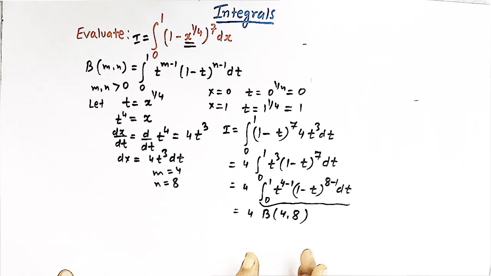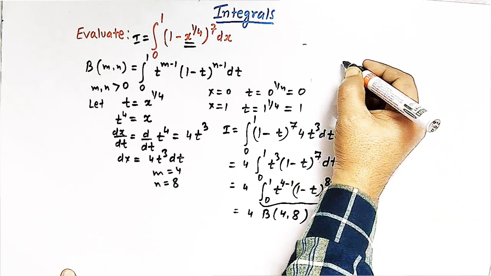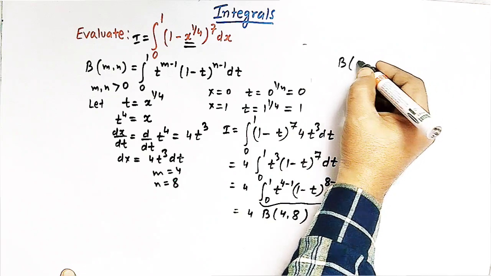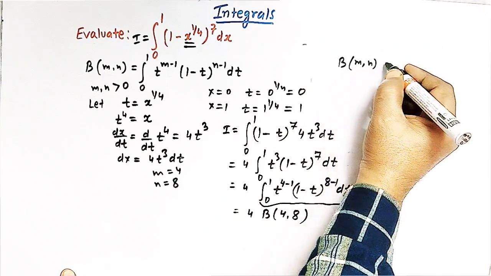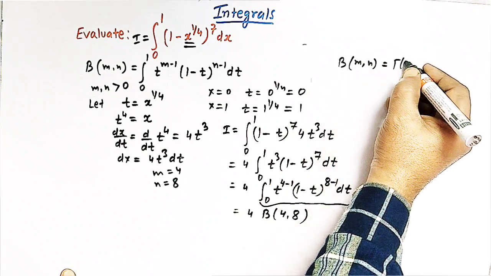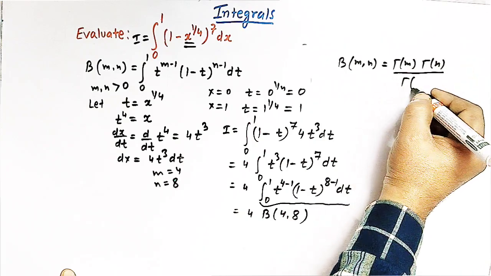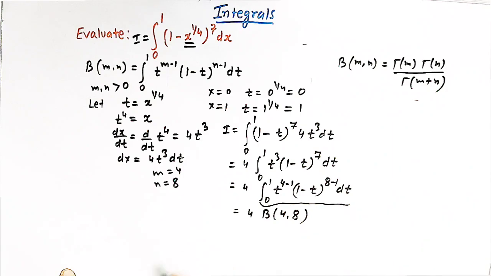So now let us find out the value of beta 4 comma 8 by using this important result, that is B(m, n) is given by Γ(m) times Γ(n) divided by Γ(m plus n), right?